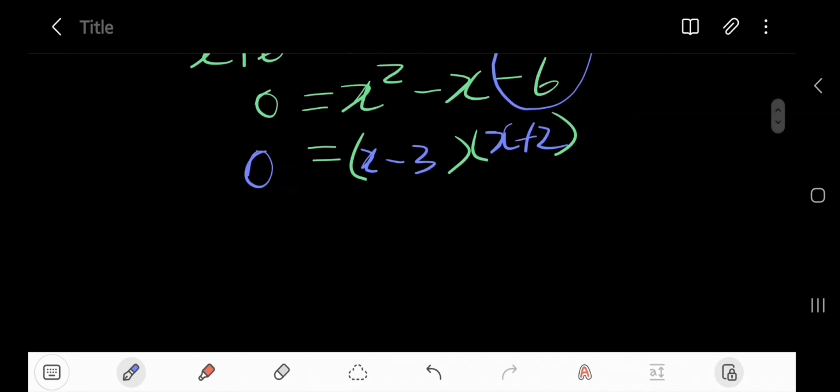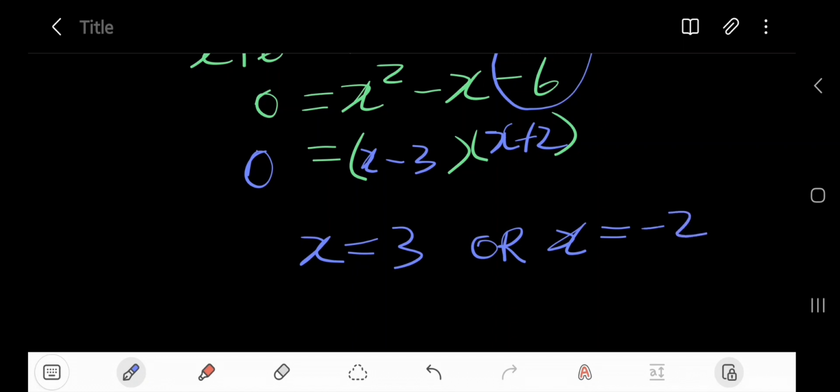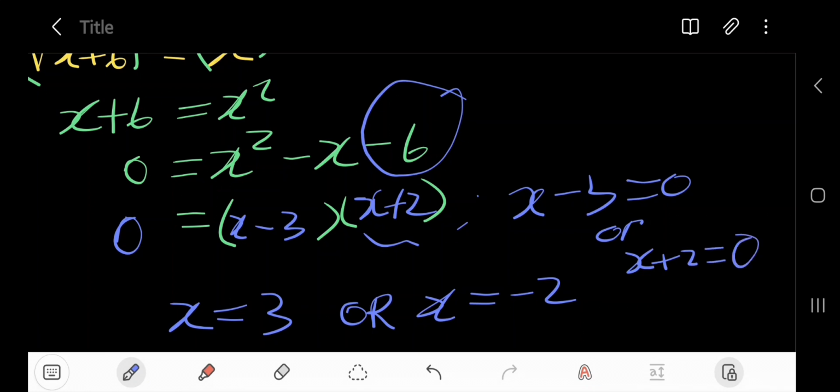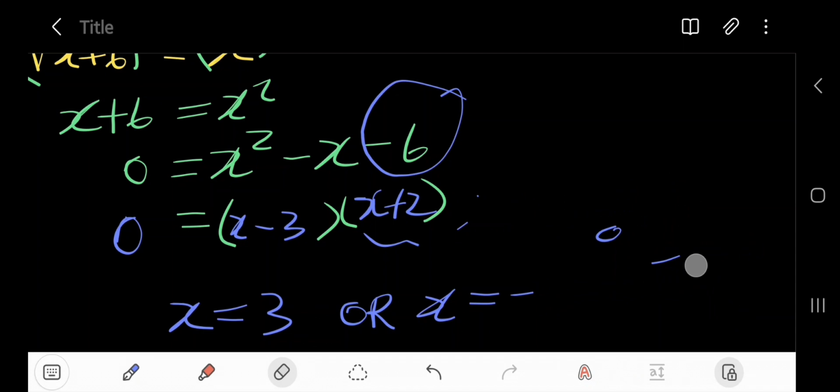Which means, therefore, that x is equal to 3, or x is equal to negative 2. I just transposed that, because initially we would have said x minus 3 is equal to 0, or x plus 2 is equal to 0, and I just took these to the other side. So this is what we have here as our answer.